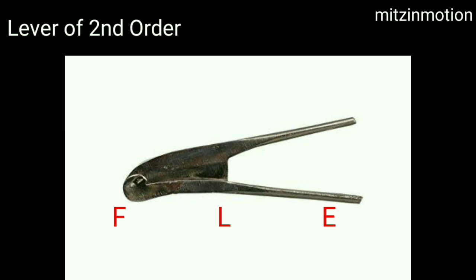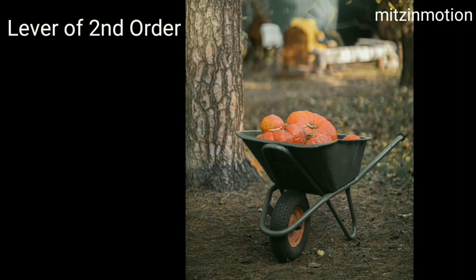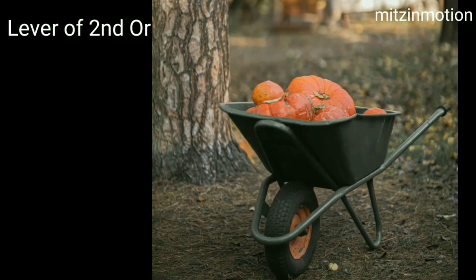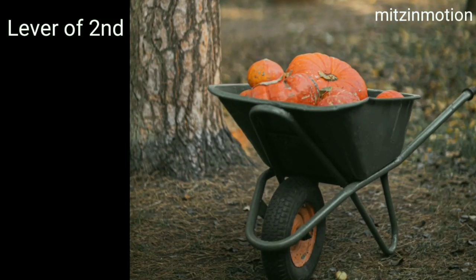So this is an example of second order lever. Another example is wheelbarrow. In a wheelbarrow, the fulcrum is situated at the wheel, and the load is in between effort and the fulcrum.